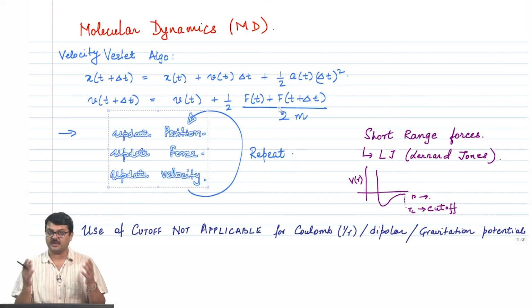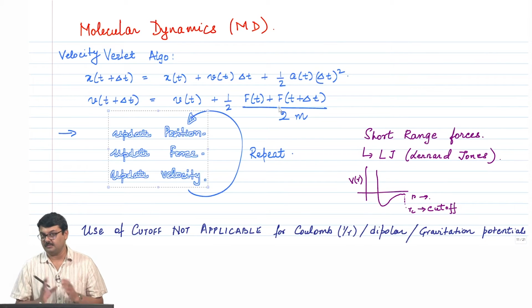The particles move around in space and they collide with each other, bounce off each other, move in different directions, change positions, change velocities, and once equilibrium is reached, one can calculate the time average of relevant statistical or thermodynamic quantities.